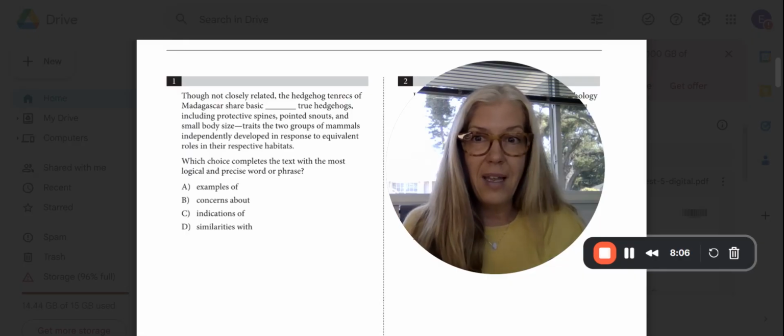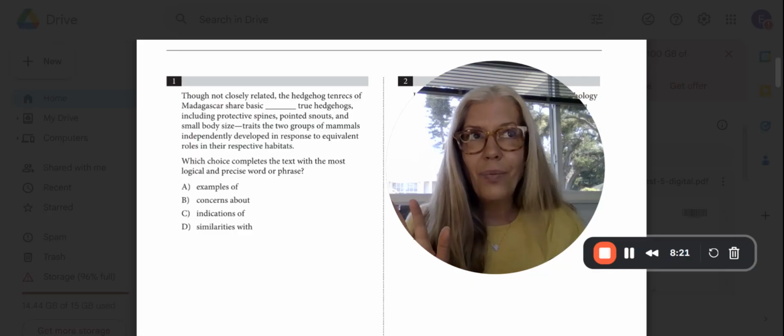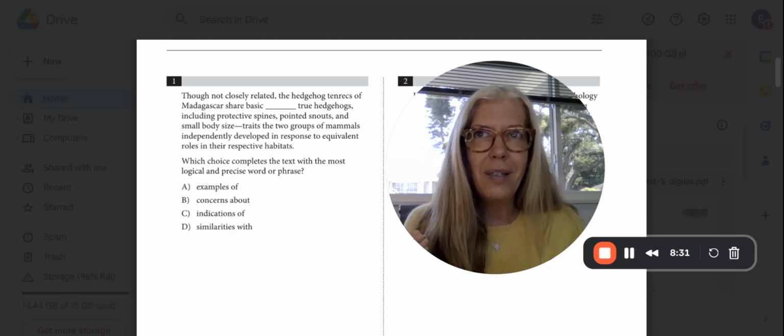With that said, I'm going to take my word traits and come down and look for a synonym. I told you earlier, synonym. So traits, examples of, it's not exactly what I'm looking for, but I'll keep it. Concerns about is not what I'm looking for, so I'm going to get rid of it. C, indications of. I don't think they're indications necessarily.